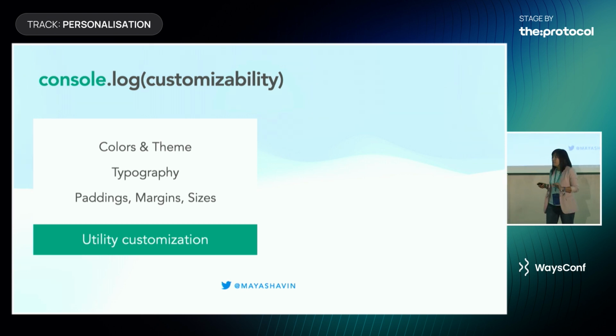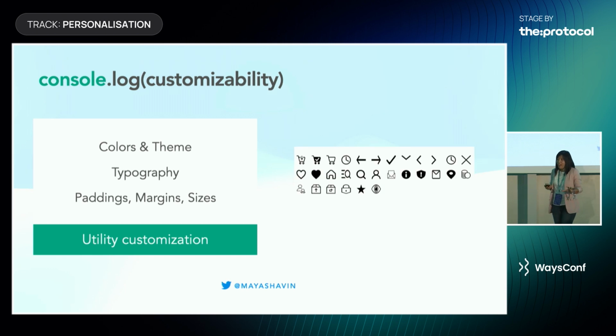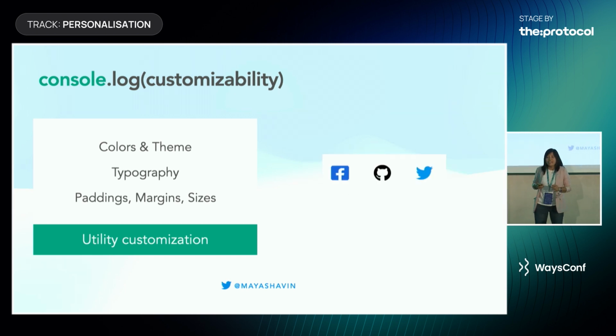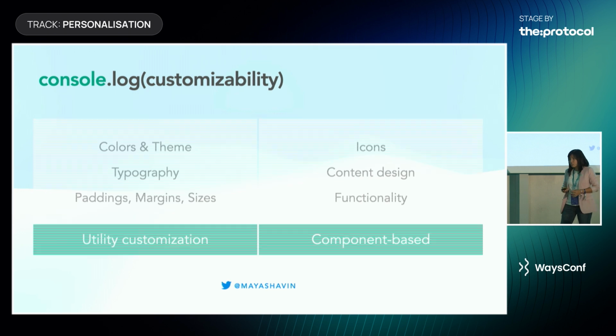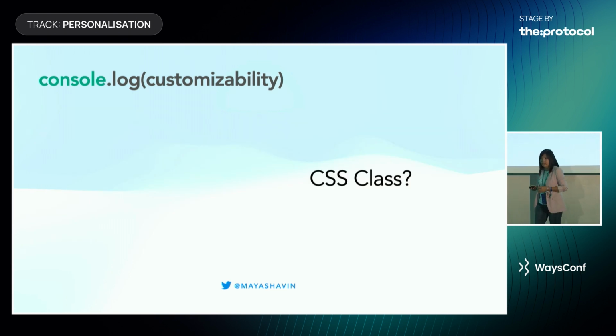Color and theme, typography, padding, margin, and size, all of this, you have to be able to provide customization. The second part of it is icon, functionality, content, design, anything that is more about look and feel and very specific to a user need.